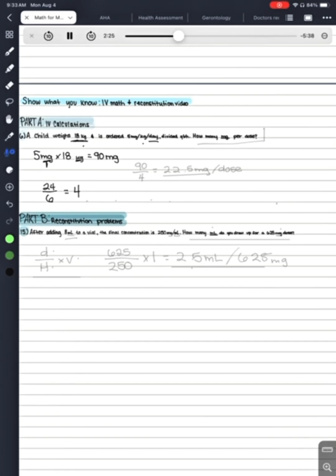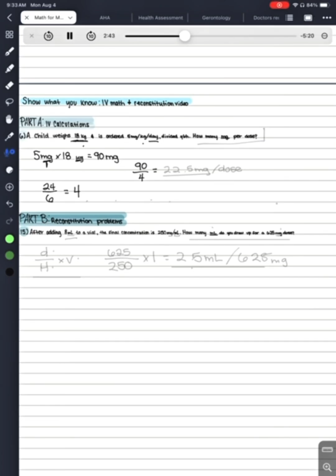So the medication's being given 4 times, so that means the 90 milligrams that gets given in a total 24 hours needs to be divided by 4 so that we can figure out how much we're giving at each dose. Given 4 times in those 24 hours.